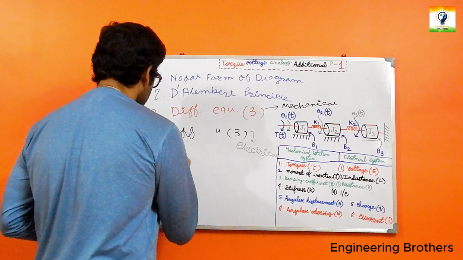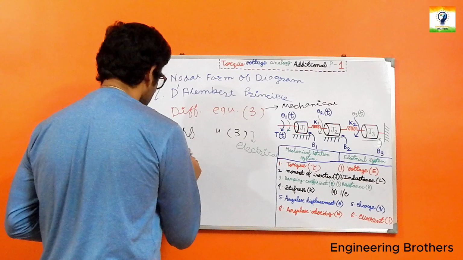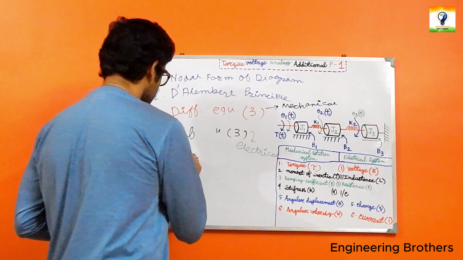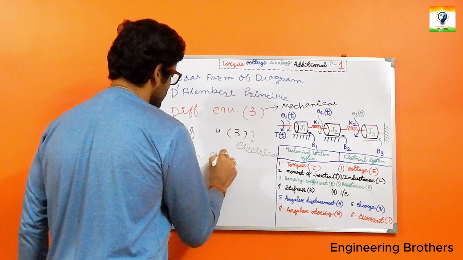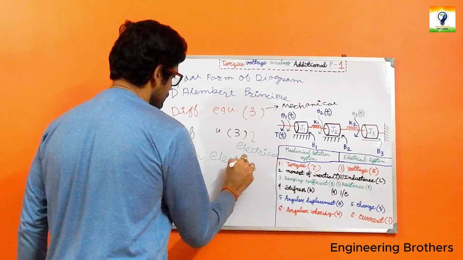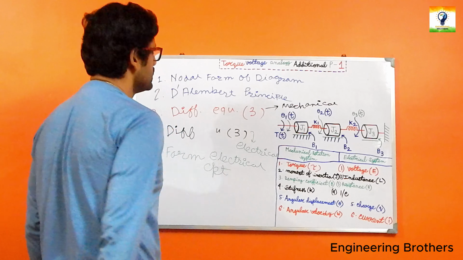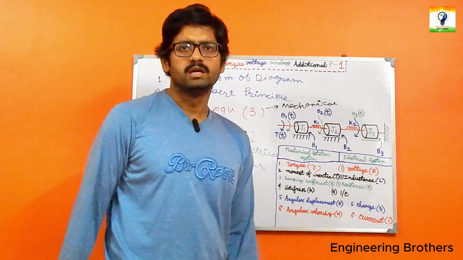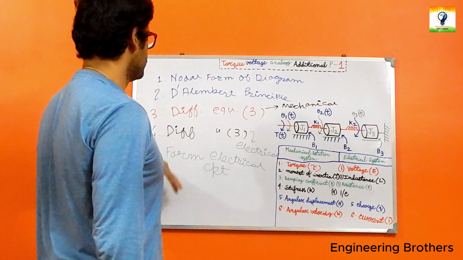So at the last stage, we need to form the electrical circuit, and that will be the final stage for our torque voltage analogy problems. I am just going to repeat the same procedure.